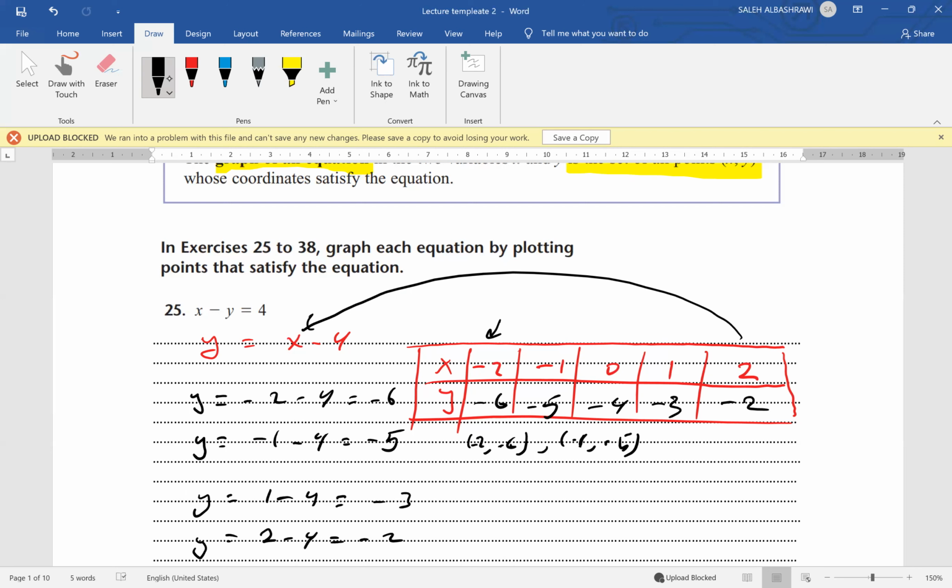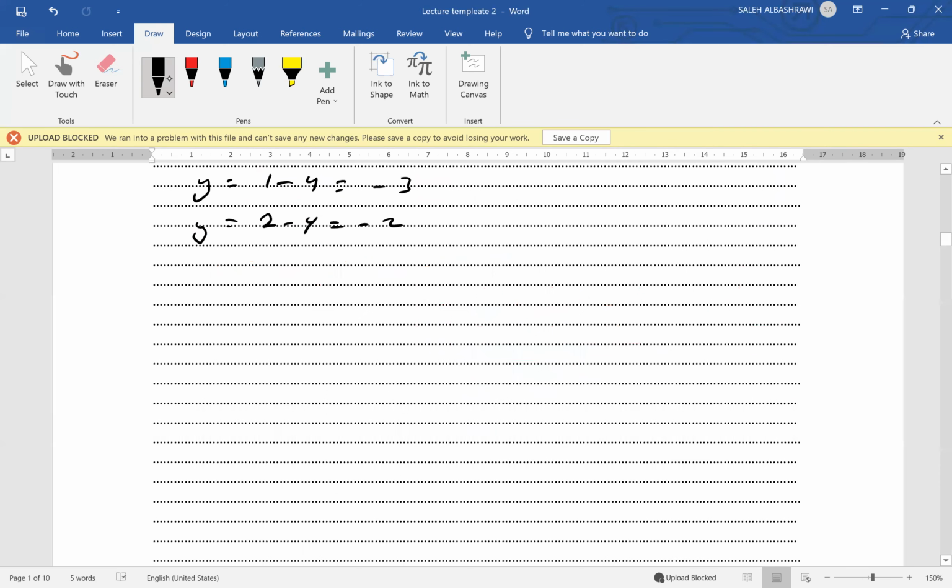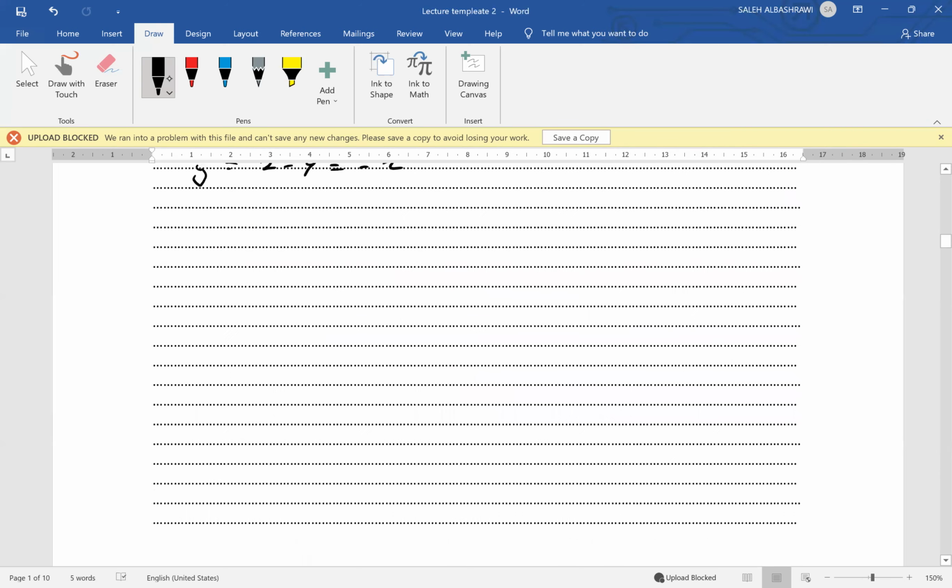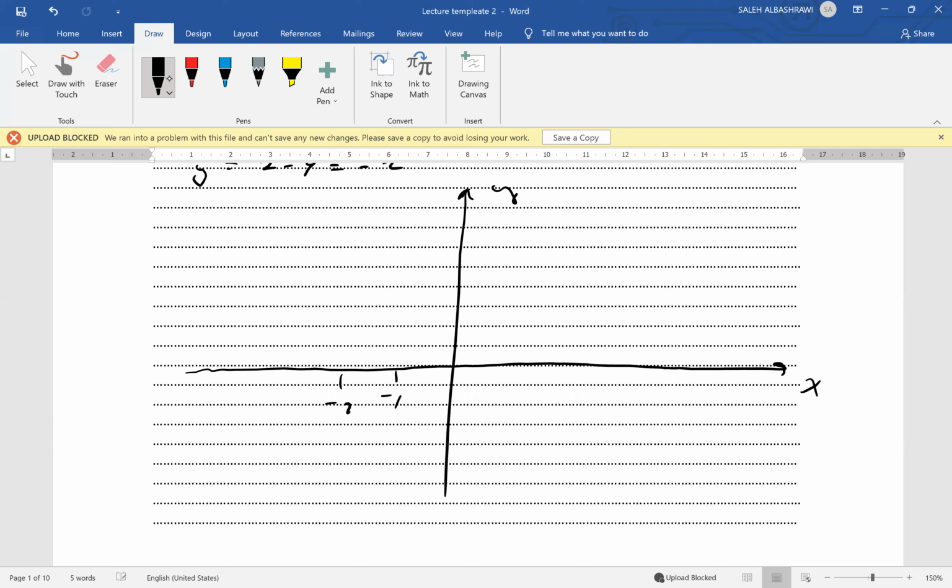I have 5 points. Let's put these points in the xy plane. Y and x. The horizontal one is x, the vertical one is y. So this is minus 1, minus 2, 0, 1, 2, and 3.